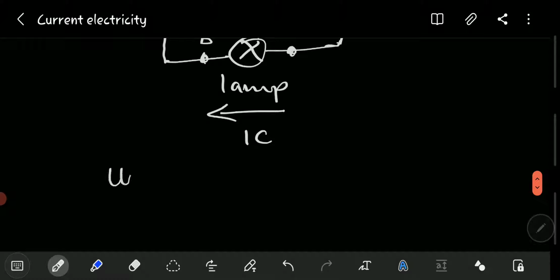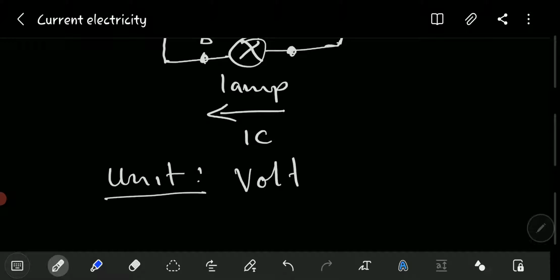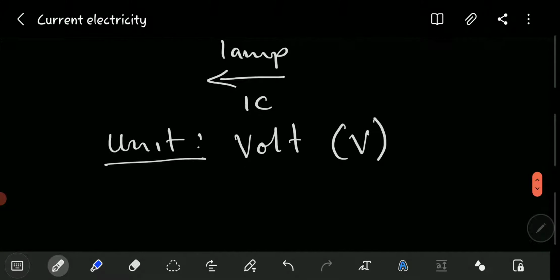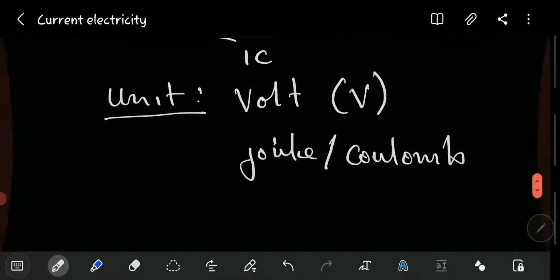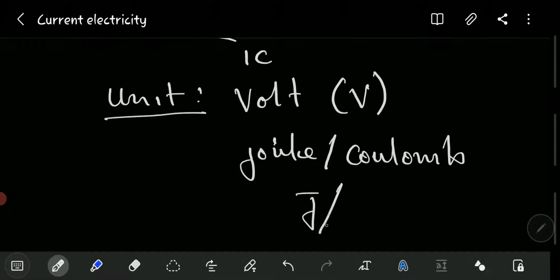Now, what is the unit for potential difference? The unit for potential difference is a volt, which is denoted by a capital letter V. A volt is also equivalent to joule per coulomb, which is capital J over capital C. So this is equal to the big V, which is the volt.